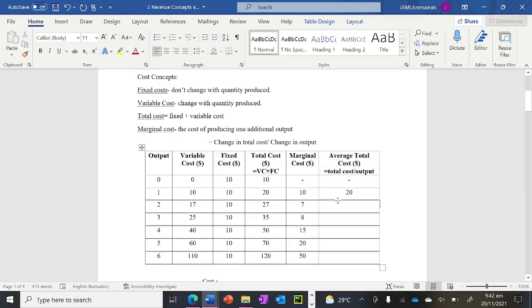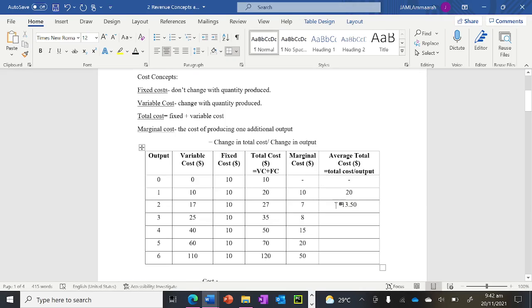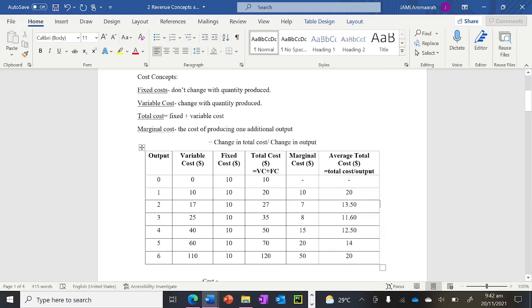Now the average cost for producing 2 units of output would be total cost again, divided by output, which is 27 divided by 2. And this gives you $13.50. And you would just keep going, dividing the total cost by the output for every unit of output to calculate average total cost.